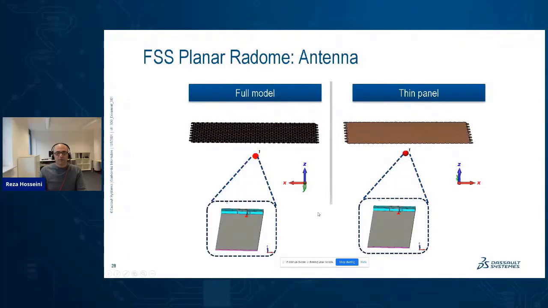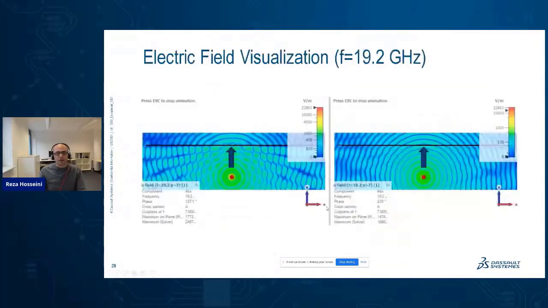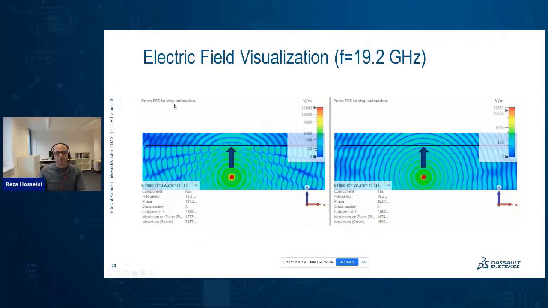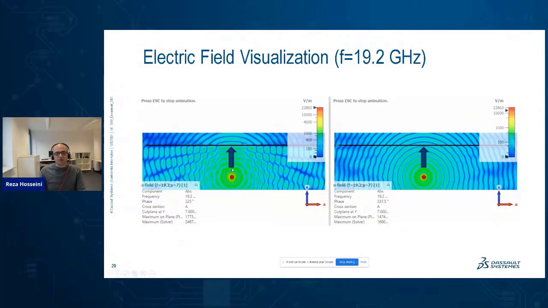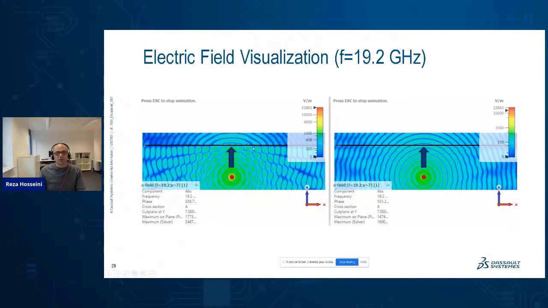Another test is the planar radome using an antenna as a source. Compared to the plane wave, here we have an antenna, and with the electric field visualization we can see a substantial difference between what we get from the full geometry versus SIMPanel.